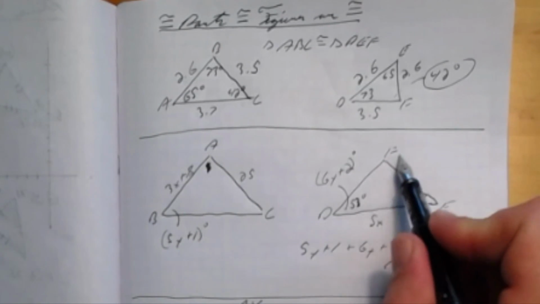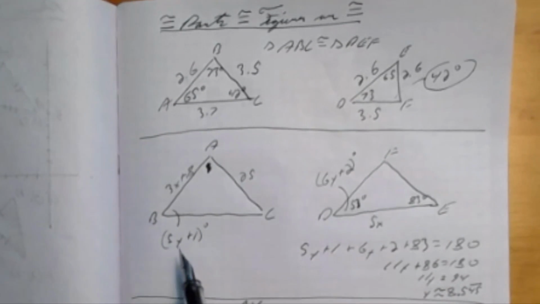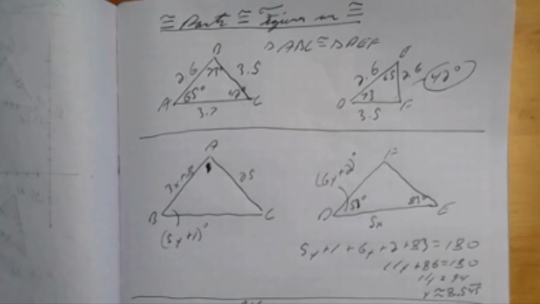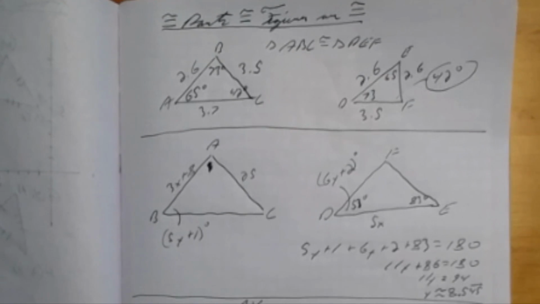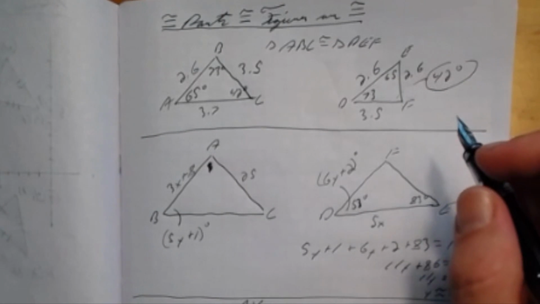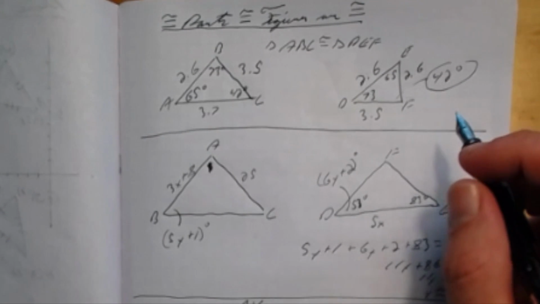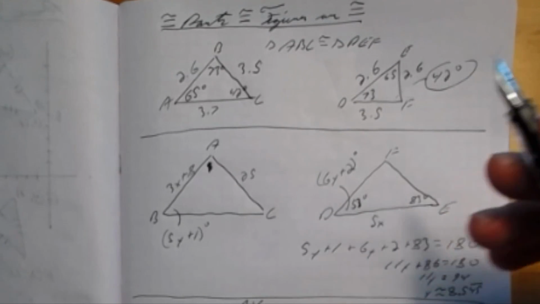That means that angle F is my 5y plus 1. So if I take that 8.545 times 5 and add 1, I get about 43 degrees, or we'll call it 44. It's 43.7 and a quarter.